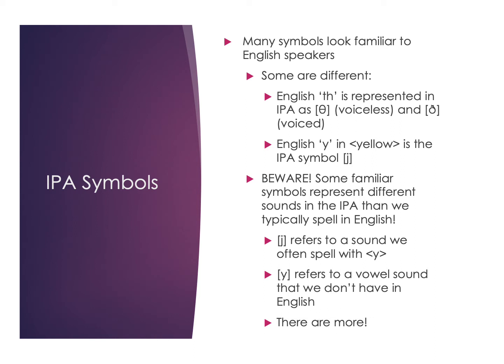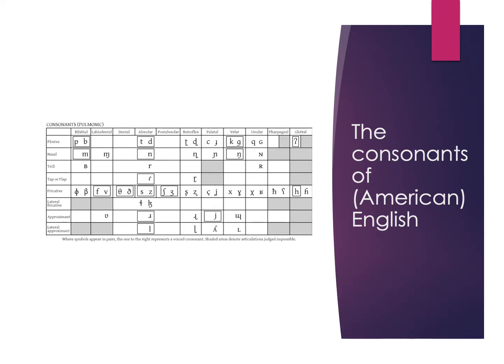So to take a look at the chart, you should be able to see the chart that looks similar to the one on the English side. And this is the one that I've designed and sort of changed a little bit for you to make it a little bit clearer. We'll be focusing on the consonants of American English.